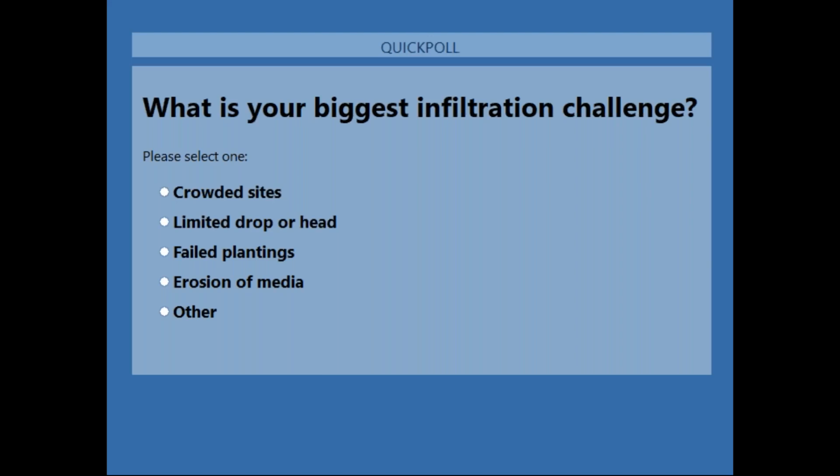Limited drop or head hydraulically: can you fit the hydraulics into the vertical space on your site? Failed plantings: many of these systems have plants established on them. Are those plants staying healthy? Erosion of media: is the media eroding and leaving the site? Or something else, something that we haven't identified here.